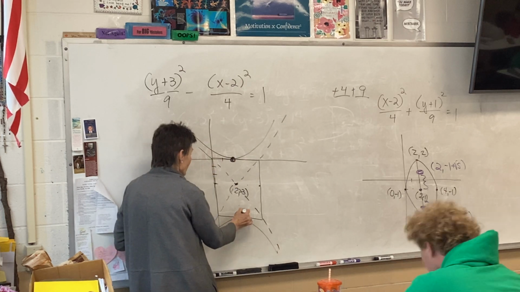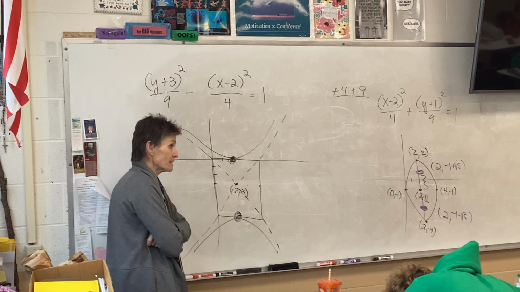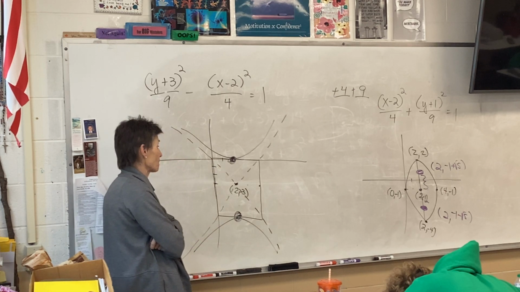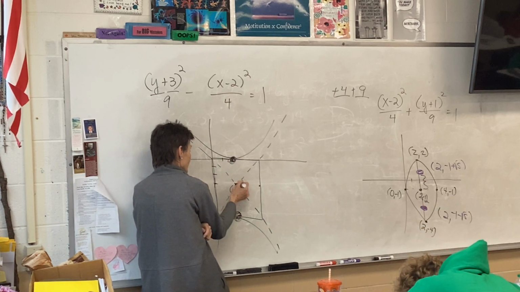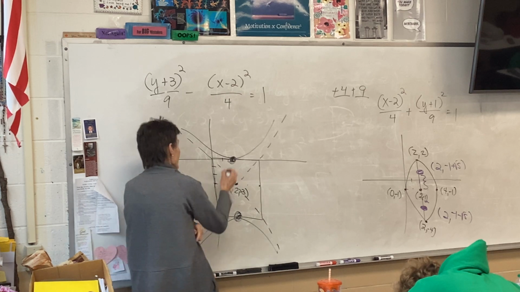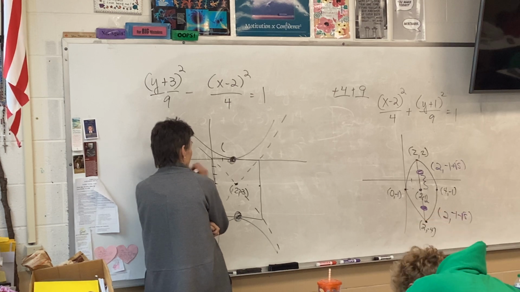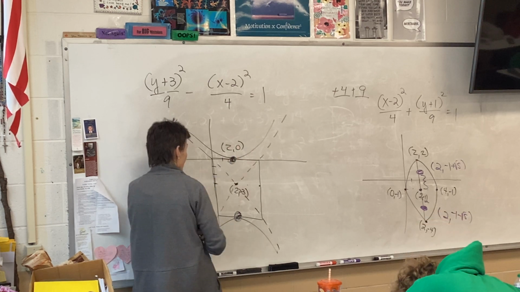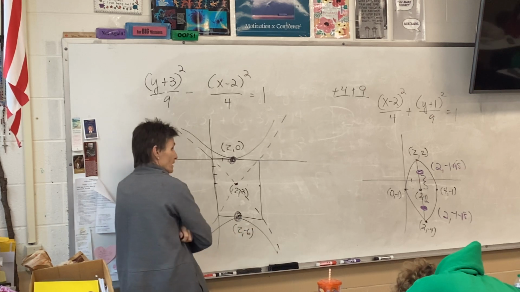So those big black points there are the vertices. And I found them by going straight up and straight down 3. So what are their coordinates? Straight up would be 2, 0, and straight down would be 2, -6. Perfect.